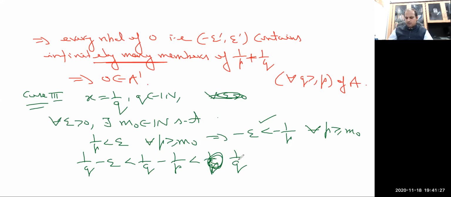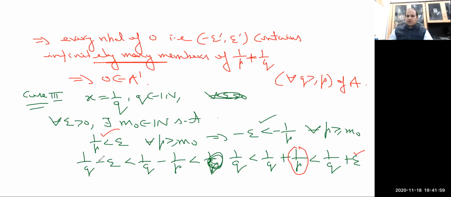Or I can say that this is less than 1 by q plus 1 by p because 1 by p is a positive real number. And because 1 by p is less than epsilon, as we have seen from Archimedean property, 1 by q plus 1 by p is less than 1 by q plus epsilon. 1 by p here is already less than epsilon, so I can replace this 1 by p by epsilon here.